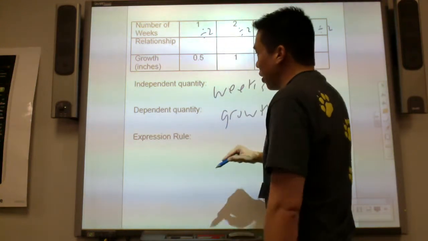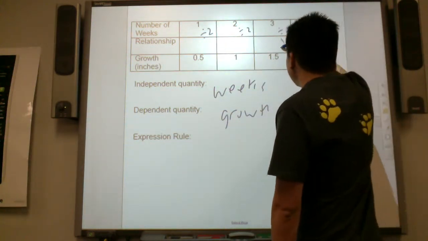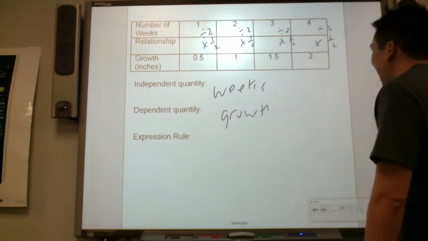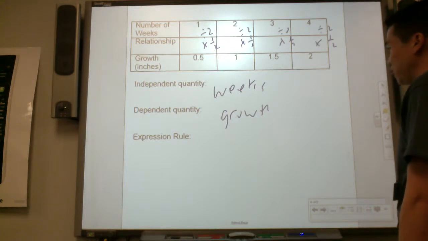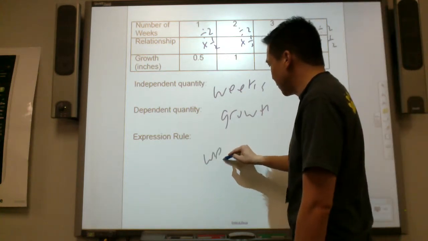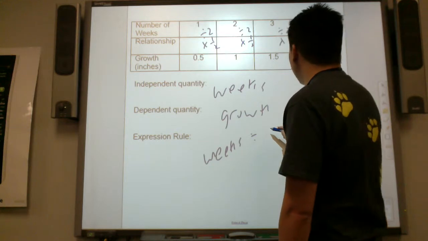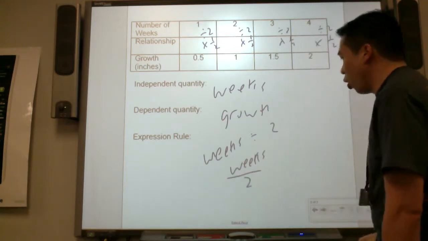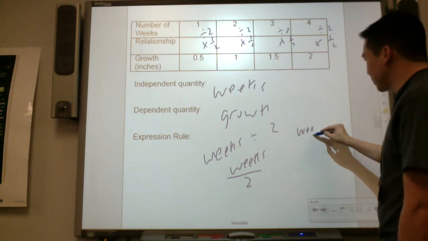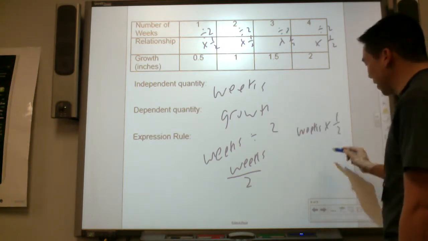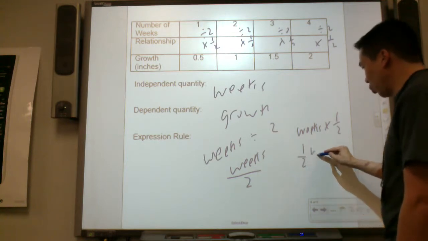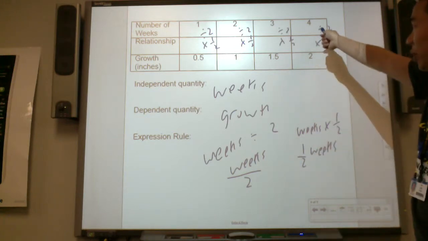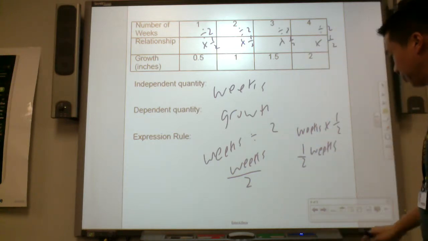Another way to say it is times a half, because half of 4 is 2. So the relationship is weeks divided by 2, or weeks over 2, or weeks times 1/2, or 1/2 of the weeks, in order to figure out the growth.